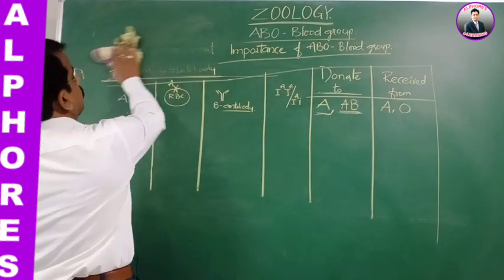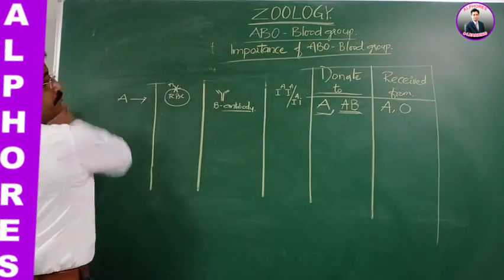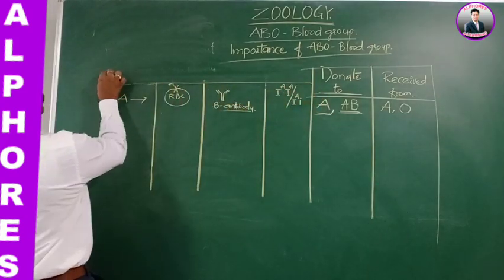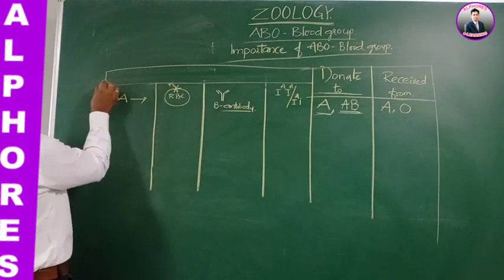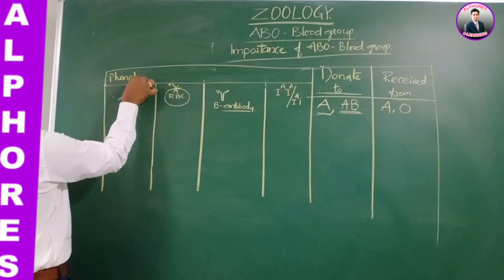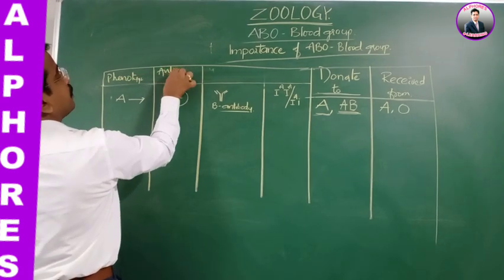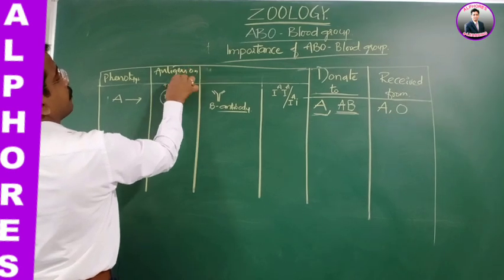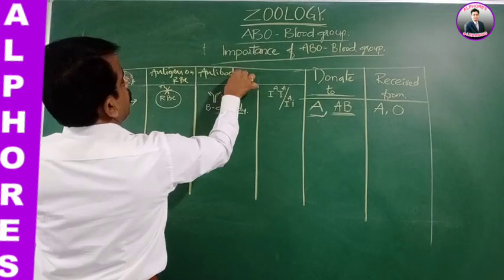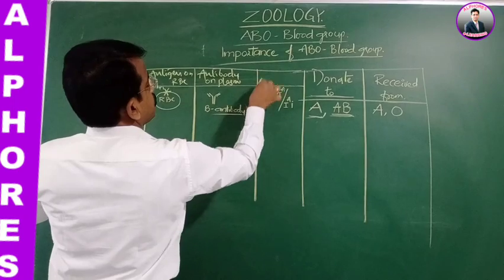This is how we can see it in tabular form, a table explaining the same. Look here, we are discussing the same: phenotype, antigen on RBC, antibody on plasma, and genotype.